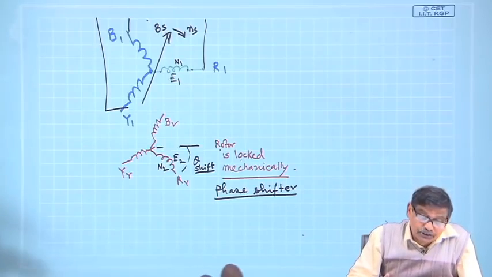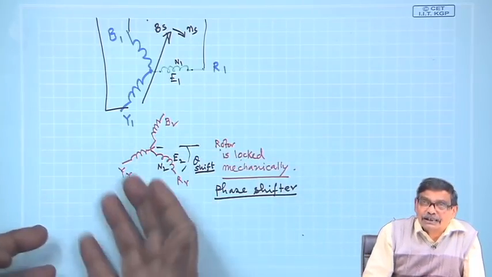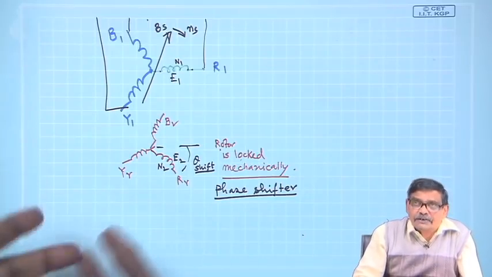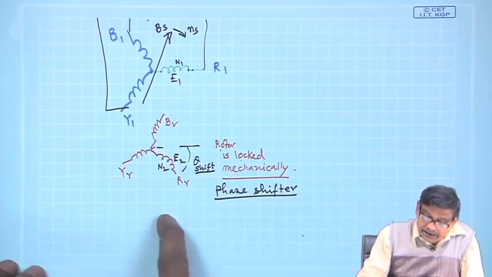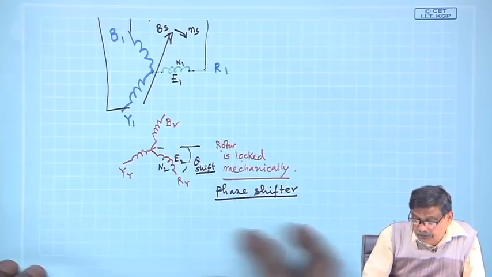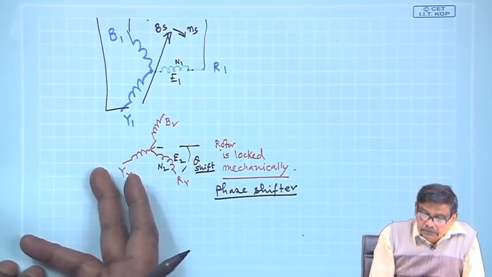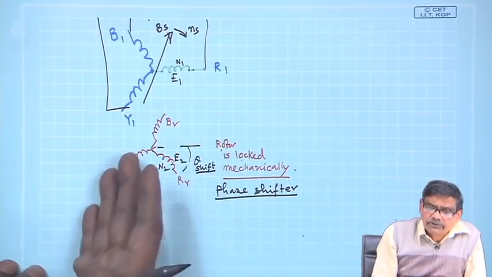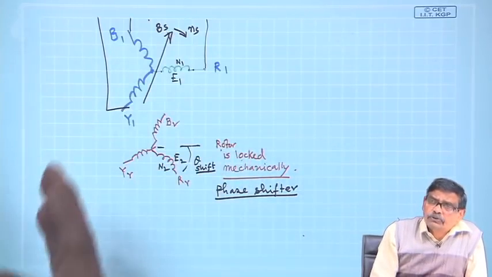Of course, we are not sure whether, if this lock is removed, this fellow will start rotating or not, that we have not yet learned. In fact, it will show that if current flows in the rotor windings, because after all this phase shifted voltage will be connected to some load, these windings will carry current and must produce their own field, and these two fields may interact and give you torque.